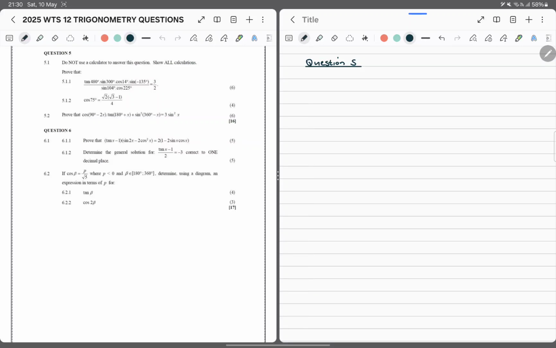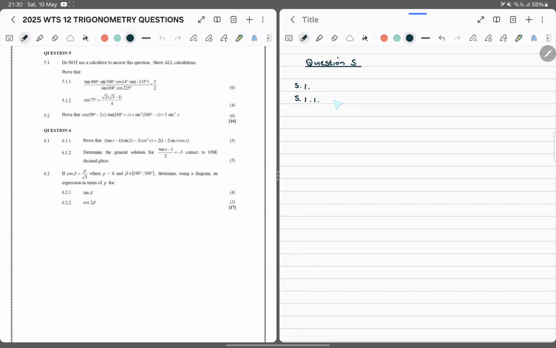Of course, guys, my table makes a lot of noise, so if you pick it up, please forgive me. I sit better on this table than elsewhere. All right, so we're going to just do all these question 5s because they are more like identities. When we have to prove something, it's typical of an identity.